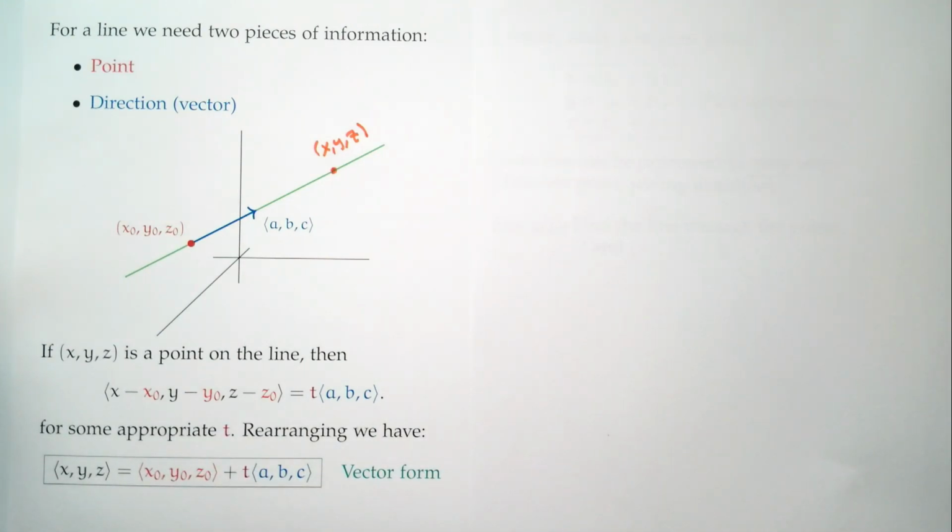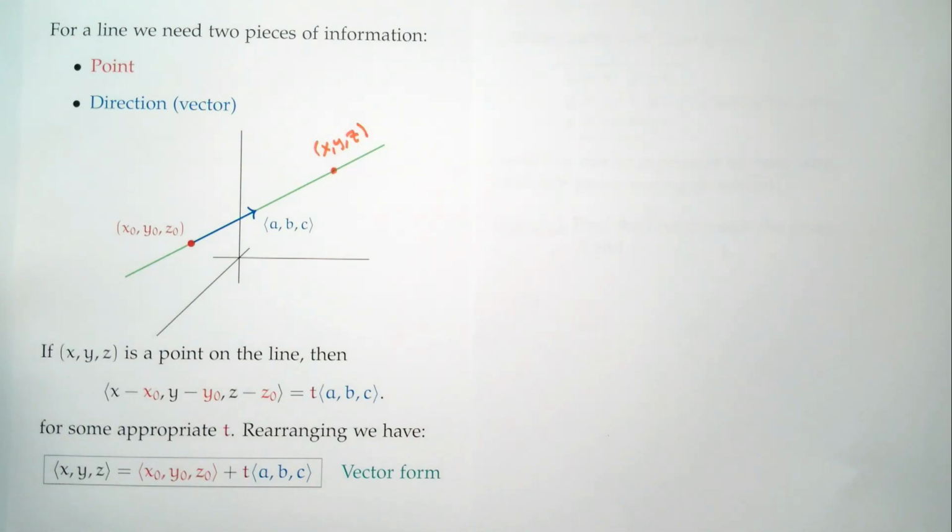If I think of my point as being represented by a vector, just temporarily, it's not such a crazy thing to do, then x, y, z has to satisfy: the initial point x0, y0, z0, plus some multiple t of the direction vector a, b, c. We call this the vector form because it's vectors.